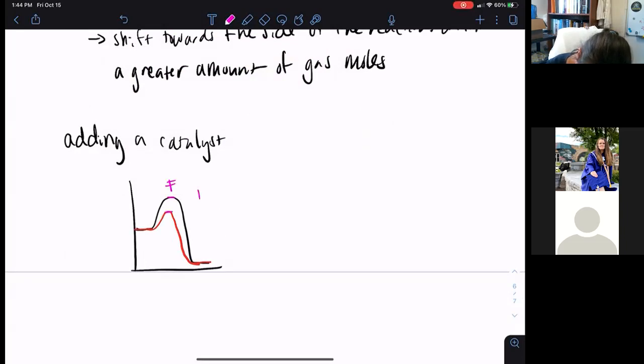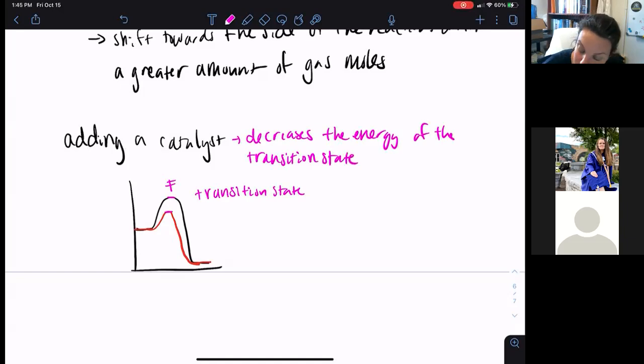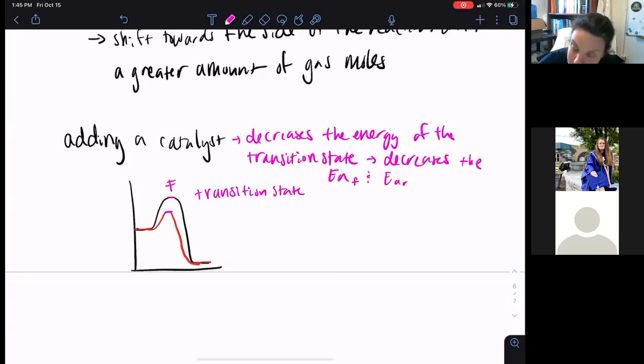These right here are the transition states. So adding catalysts decreases the energy of the transition state. And when you decrease the energy of the transition state, that decreases the activation energy. Now, as a note, that's going to decrease the activation energy in the forward and reverse processes.